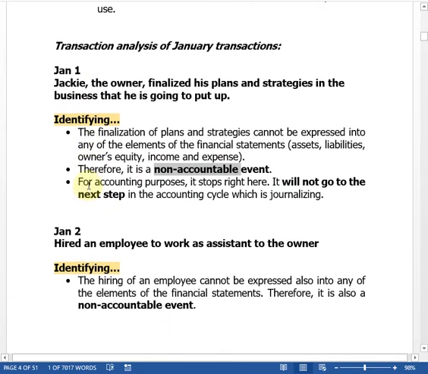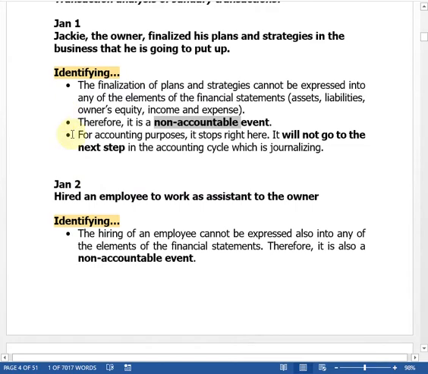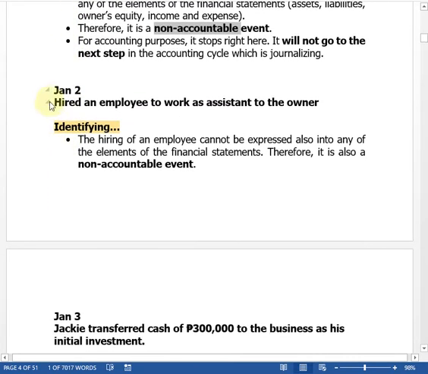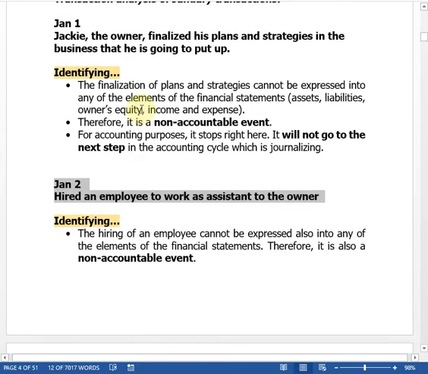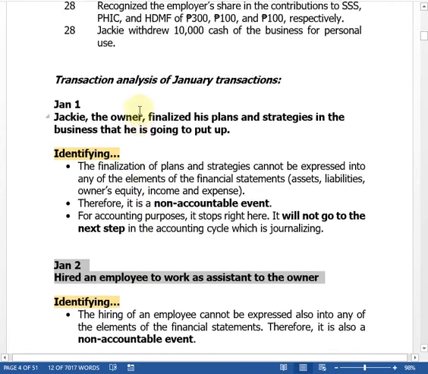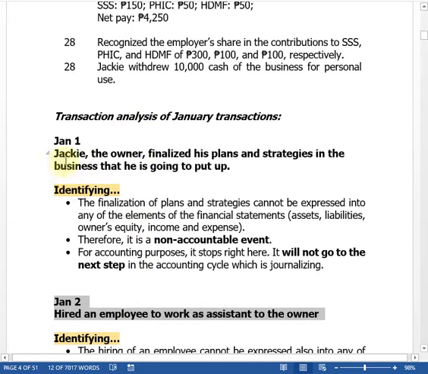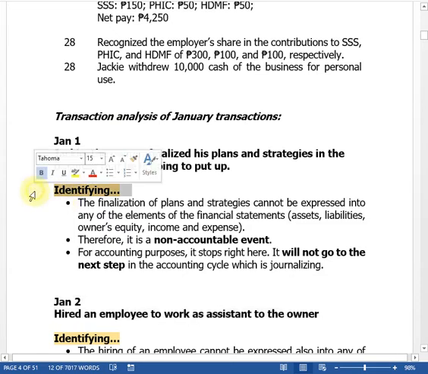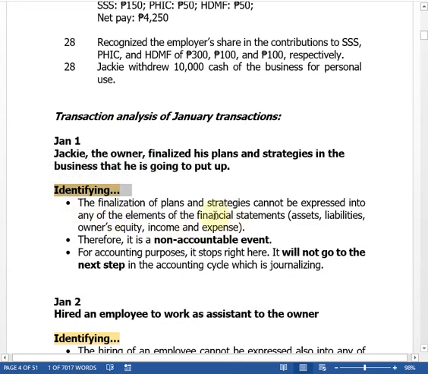Now we proceed to transaction number 2. Transaction number 2, hired an employee to work as assistant to the owner. The transaction here is the hiring of an employee. Like what we did in the first transaction, we have to identify whether it is accountable or non-accountable.